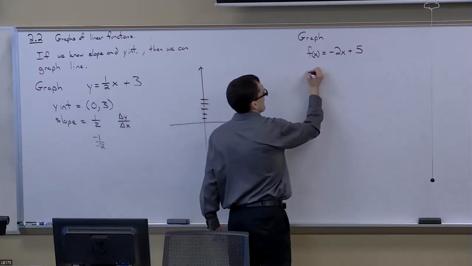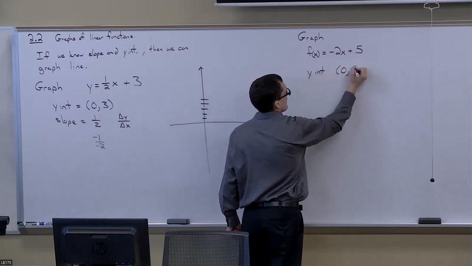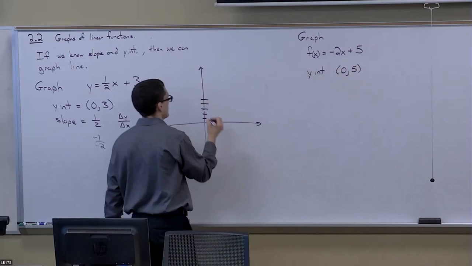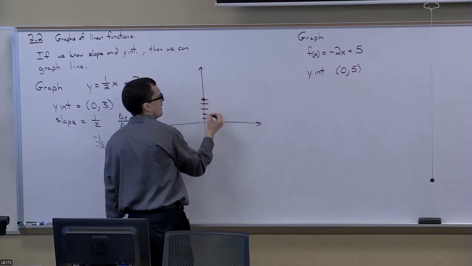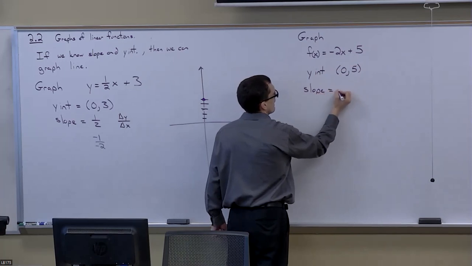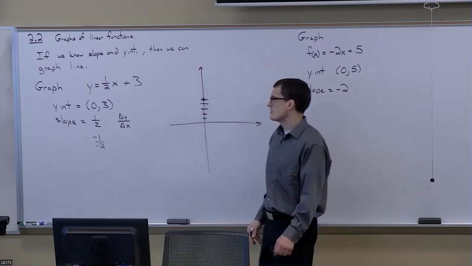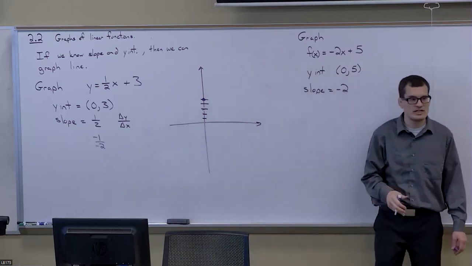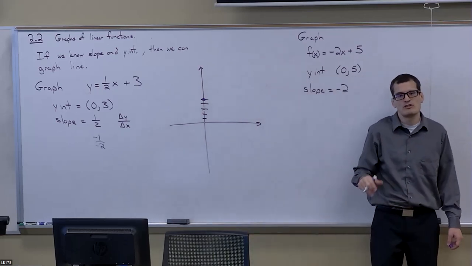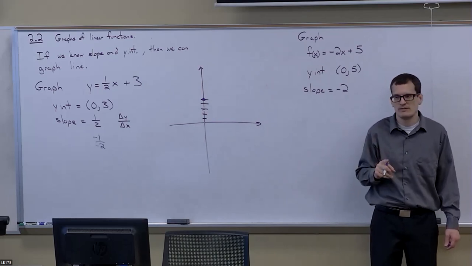So the first thing I do is I say my y-intercept is the point (0, 5). My slope is -2. Now, here's the trick. Remember, slope always stands for change in y over change in x. If you don't have a denominator, you should view it as the number 1.